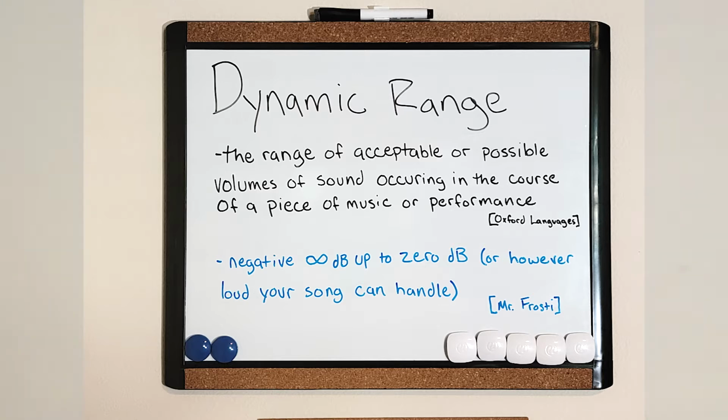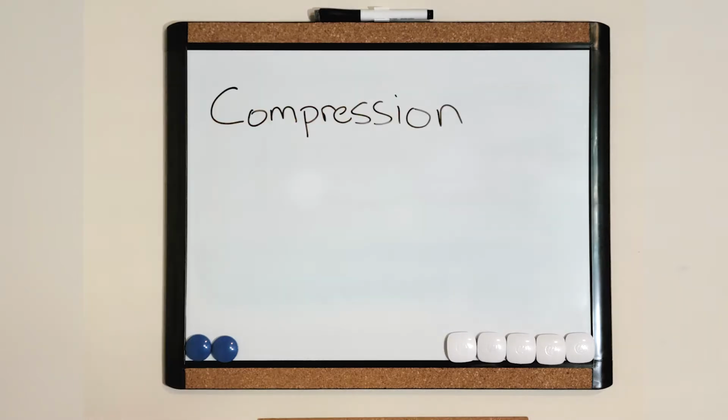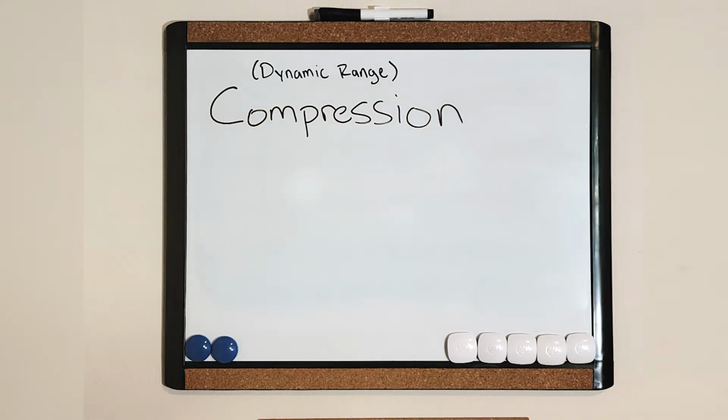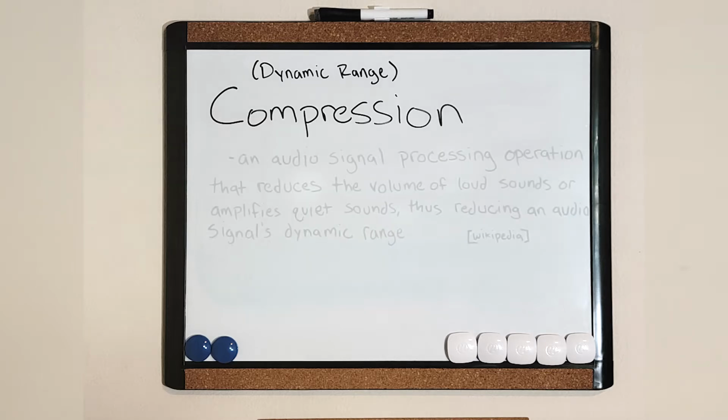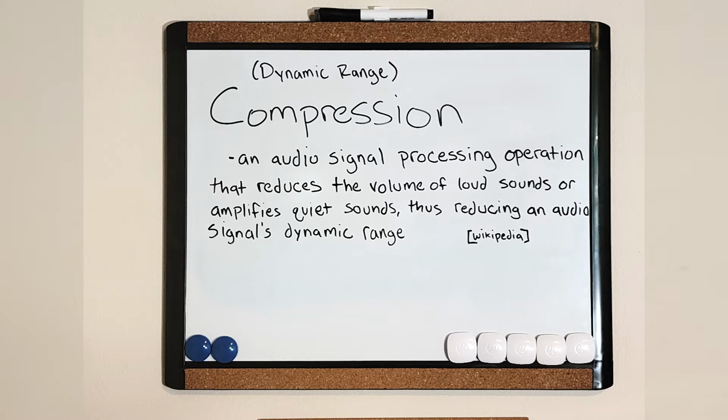Now, before we get started learning how to use compression, first we must understand what compression is. In music, it's commonly referred to as dynamic range compression, and it's defined by Wikipedia as an audio signal processing operation that reduces the volume of loud sounds or amplifies quiet sounds, thus reducing an audio signal's dynamic range.